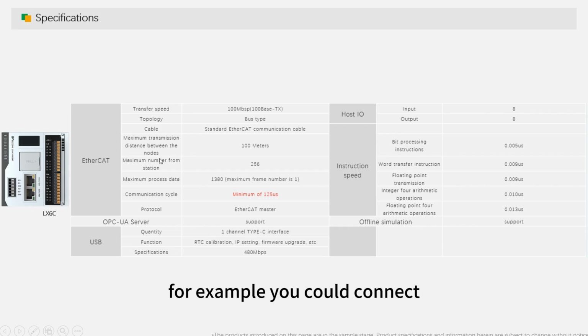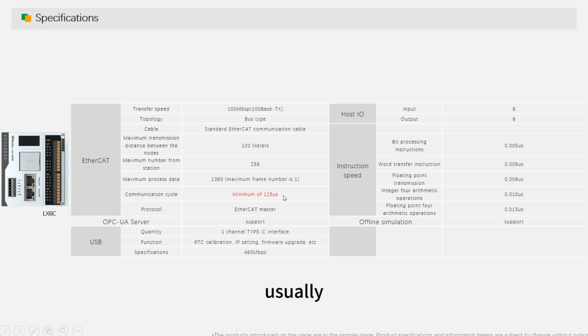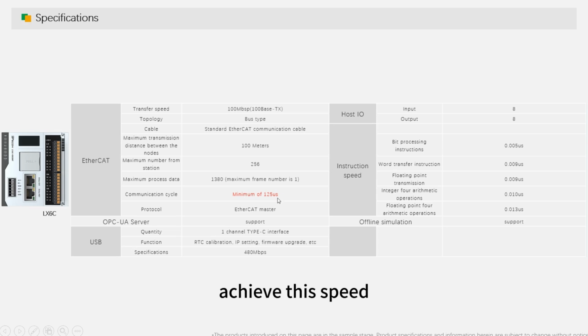For example, you could connect 100 servo axis and 100 I/O module. And for the communication cycle, the minimum value is 125 microseconds. Usually, if you only connect 2 or 3 axes, you could achieve this speed.